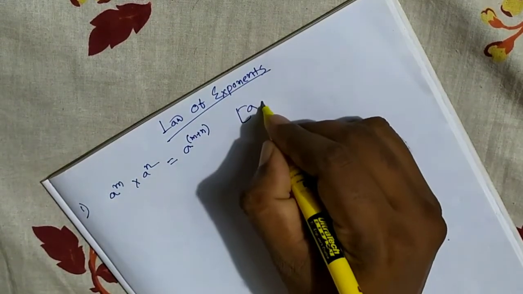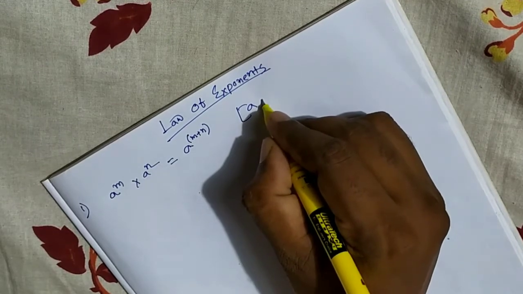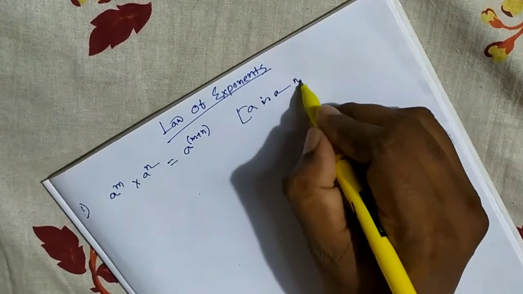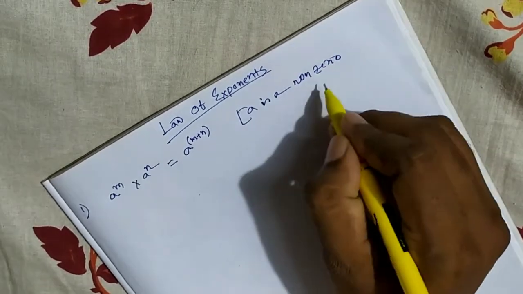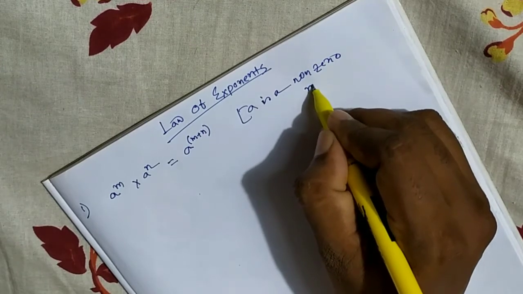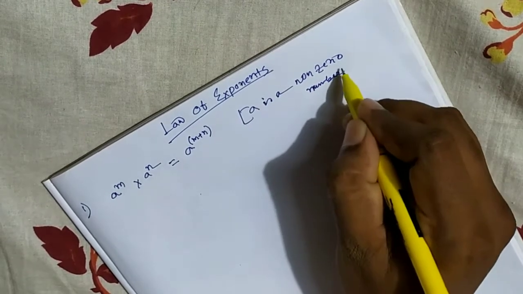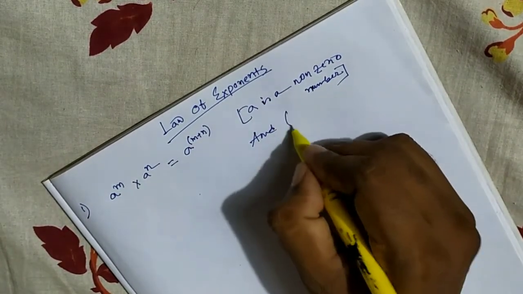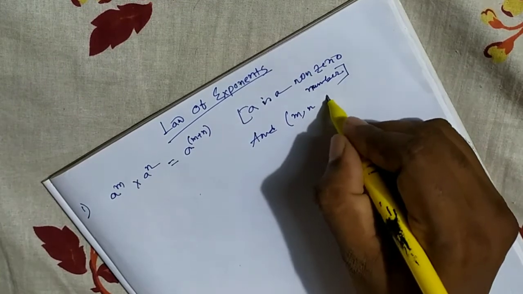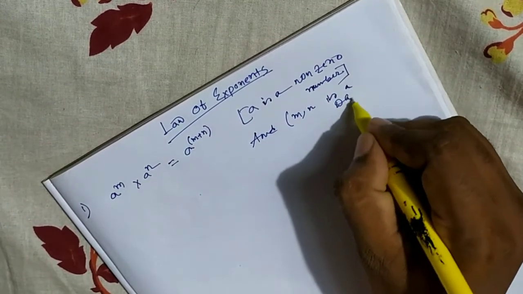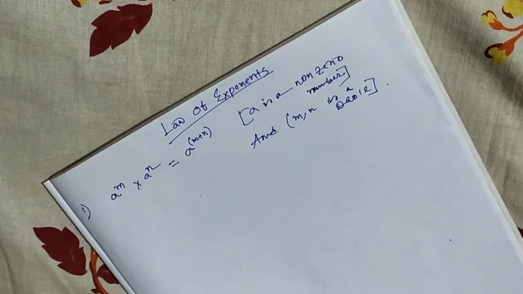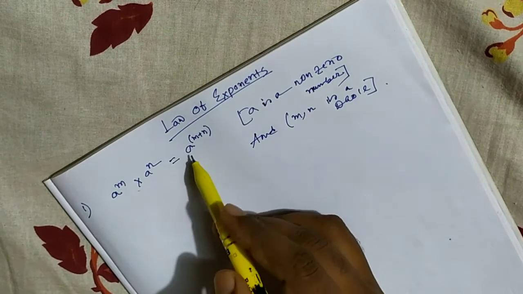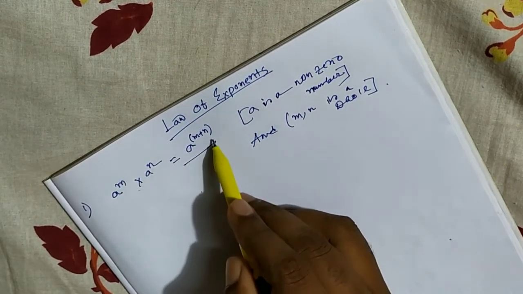Here a is a non-zero number and m and n are whole numbers. So a to the power m multiplied with a to the power n, we write a to the power m plus n.